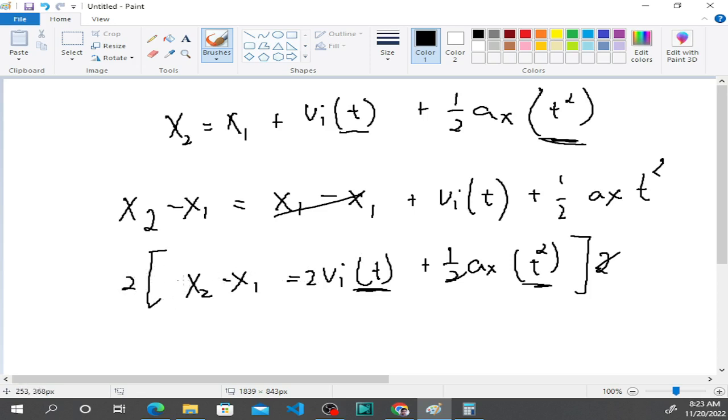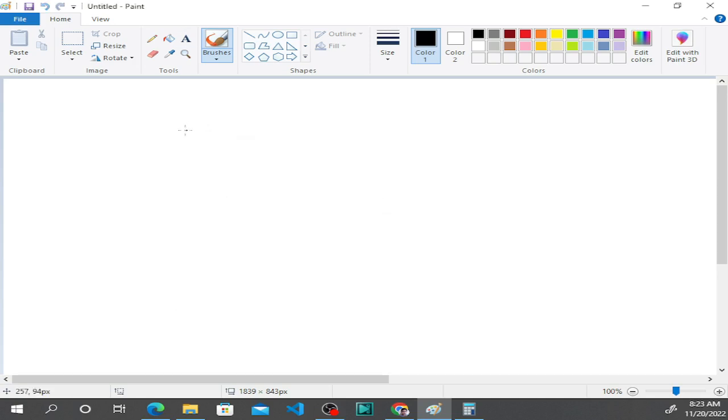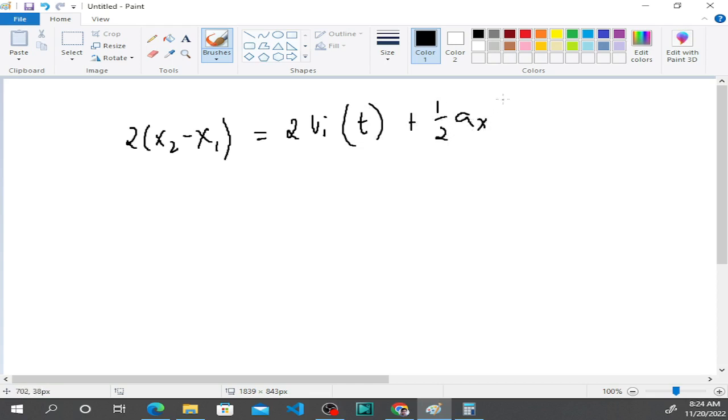So it will give you twice x sub 2 minus x sub 1. Alright, so x sub 2 here is the final position, is equivalent to twice vi times t, and then plus a sub x times t to the power of 2.